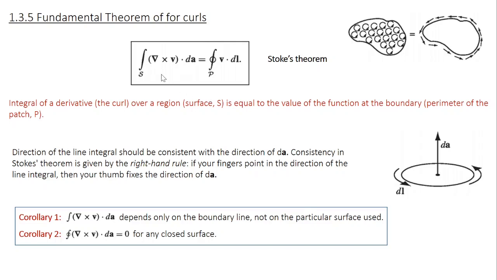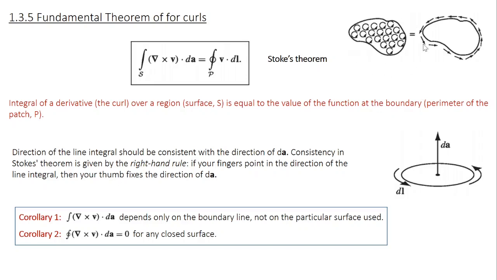So this is the mathematical representation of the fundamental theorem for curls, which says that the surface integral of curl is equal to the closed line integral of the vector function. Now, what's the meaning of it? The integral of the derivative, here the derivative is the curl, over a region, the surface S, is equal to the value of the function at the boundary.